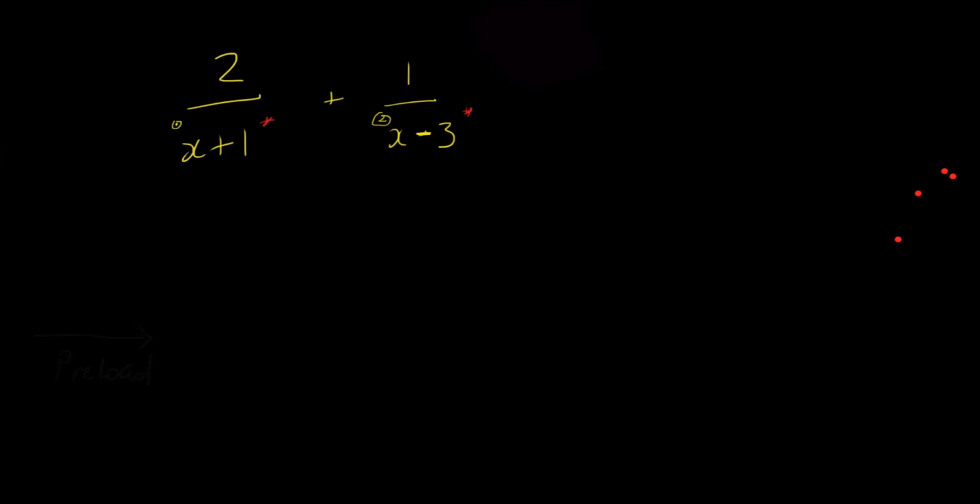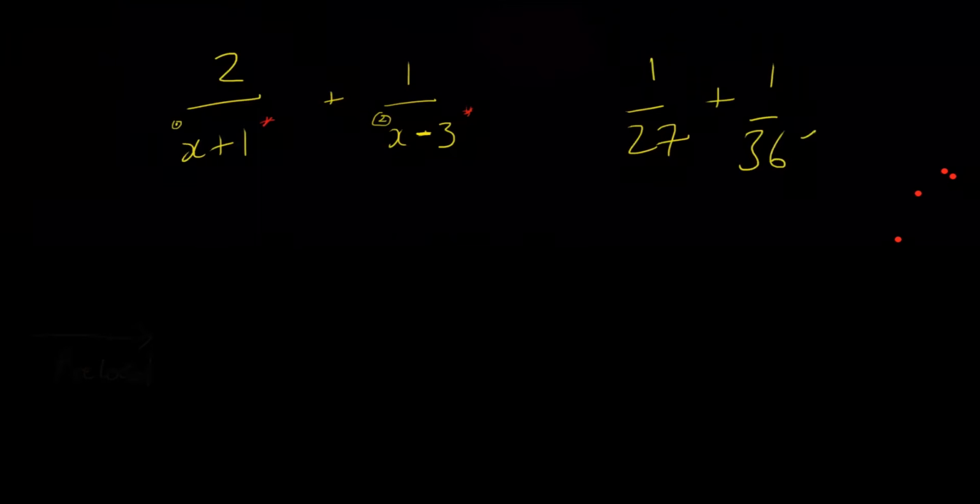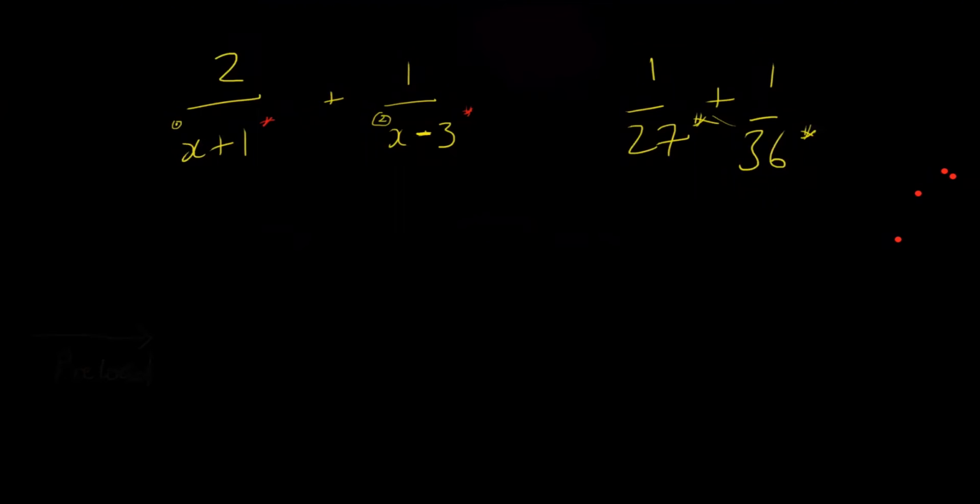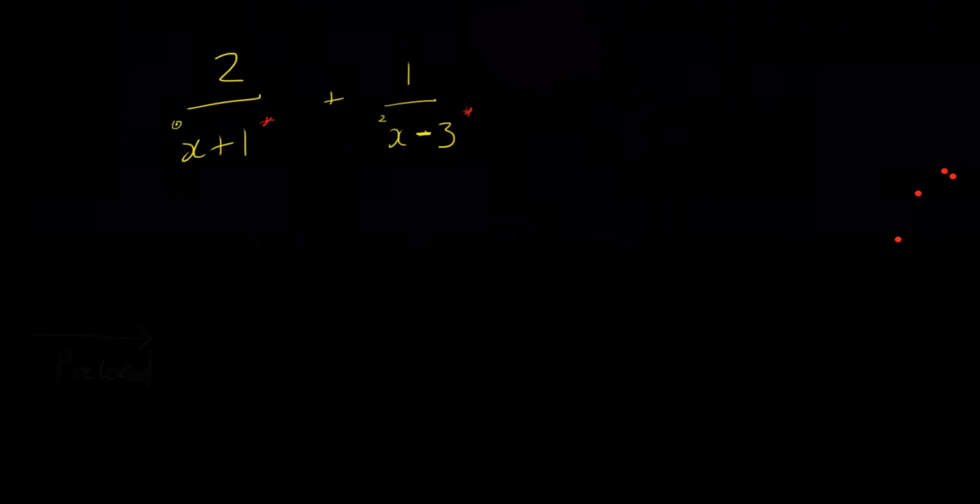I can't add 1 over 27 plus 1 over 36 until I get these two numbers the same. We did an example just a few moments ago where we had numbers, but here we've got unknowns. x is an unknown, part of an unknown in the denominator.